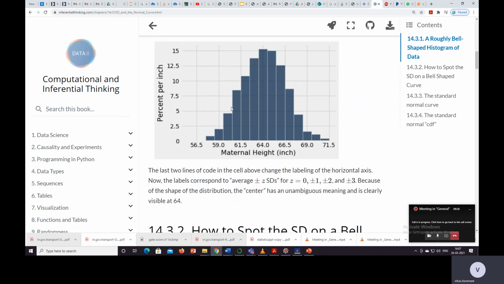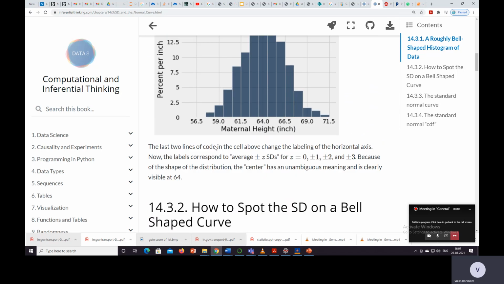As I explained how these x-ticks will work, it changed the labeling of the horizontal axis. Now the labels correspond to average plus minus z x-ticks. As I have explained, 0 SD means mean. Okay, so it is in the middle.